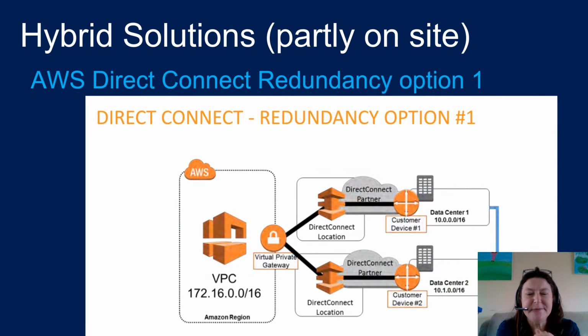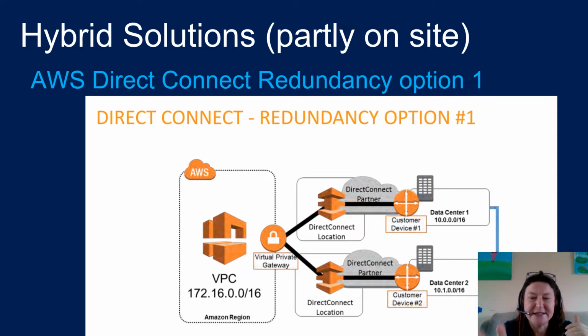So for some customers, it's really, really crucial that their Direct Connect link works at all times. And because of that, they might have redundancy requirements. For example, they might have two Direct Connect connections in case one of them goes down. This is on the right hand side here, in AWS.